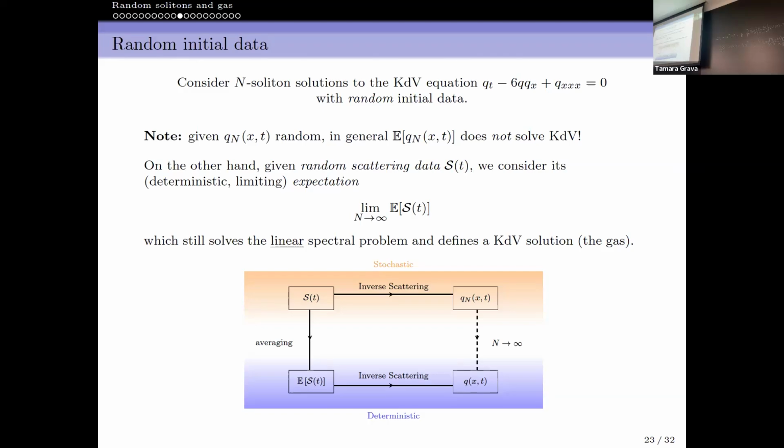So you take a soliton with a random amplitude and random position. From a physics point of view, maybe we are interested in something like a local equilibrium measure. No, it's random position and random amplitude.